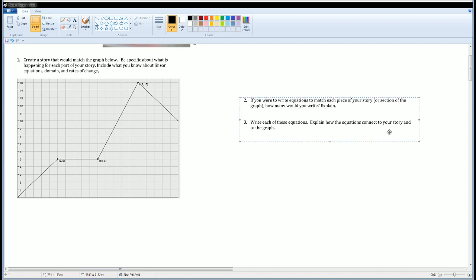I'm gonna label my x-axis time. You could do it any way you want. So my x-axis is going to be time, and for this I'm just going to call it minutes, okay? And my y is my output, and for my situation it's going to be likes.